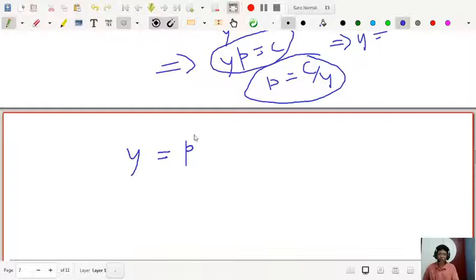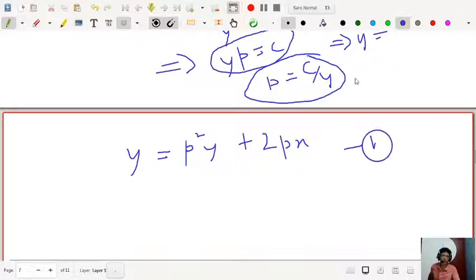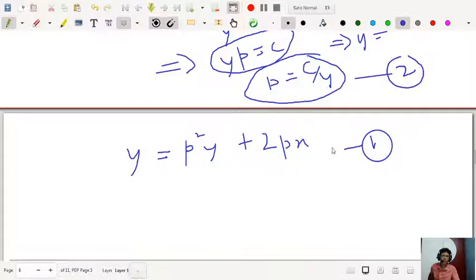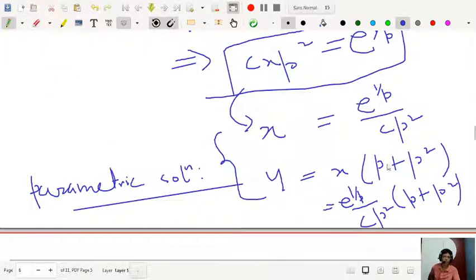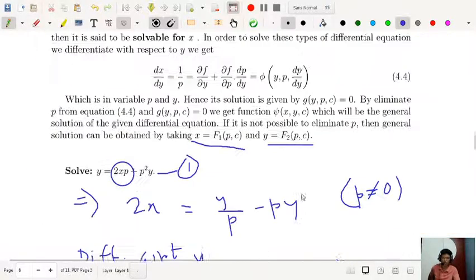The given equation was p square y plus 2px. This is your equation 1, this is your equation 2. You can eliminate p between 1 and 2 in this case, but in the previous case you cannot eliminate p. That is why together gives the solution.